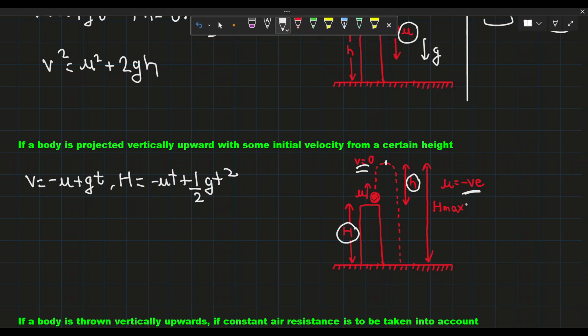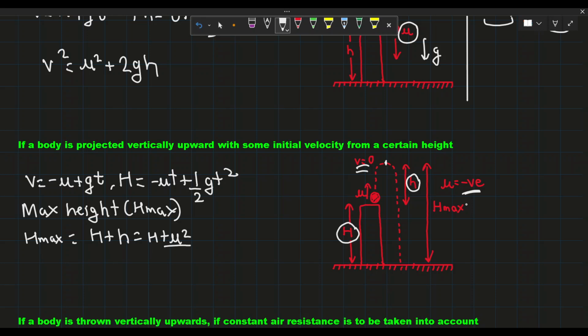Talking about the maximum height attained by the body, let's take H max. H max would be, of course, your capital H plus your small h, where your small h would be u square by 2g.